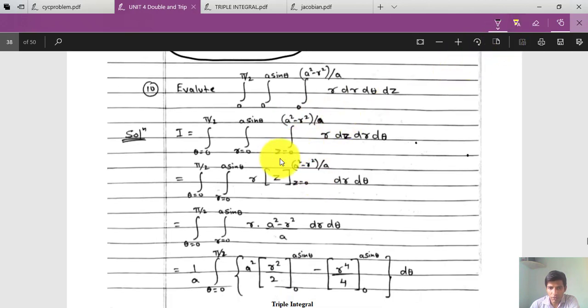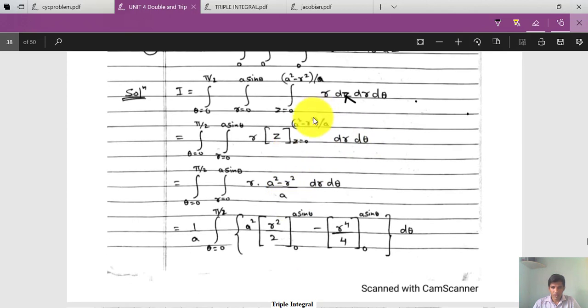Now we need to follow the pattern, so I will evaluate with respect to dz, then r, then d theta, right? Now here, the integration over z is 1, so z over the limit 0 to a square minus r square divided by a, dr d theta.